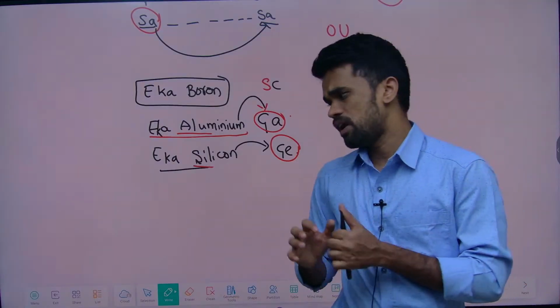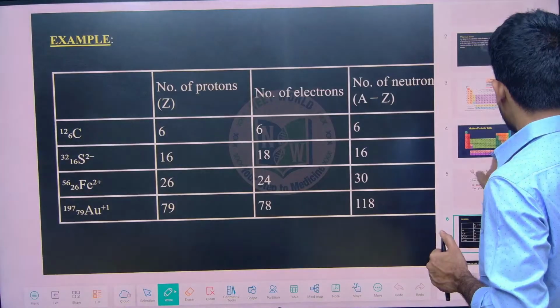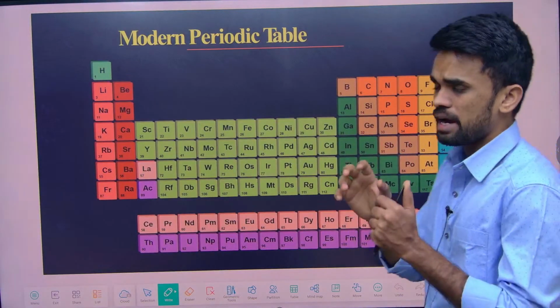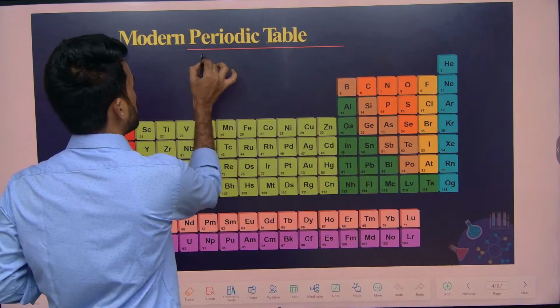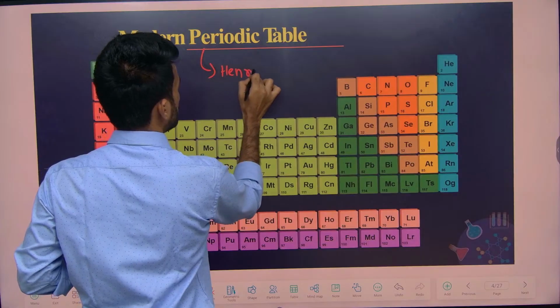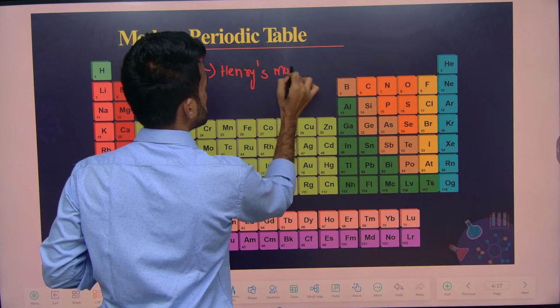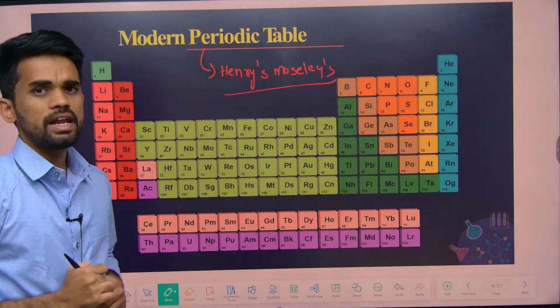But after understanding all these things, the next periodic table, the most accepted and the one we are currently using, is Henry Moseley's periodic table. So how did he arrange the elements?